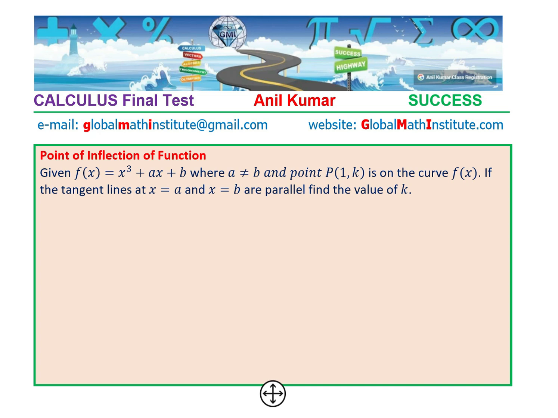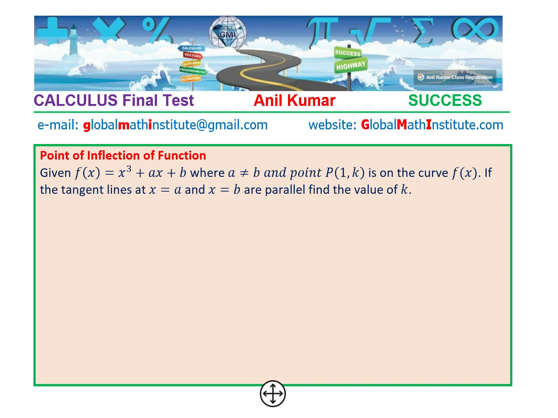Another application question: given f of x equals x cubed plus ax plus b, where a is not equal to b, and point P, which is 1 comma k, is on the curve f of x. Find the tangent lines at x equals a and x equals b.